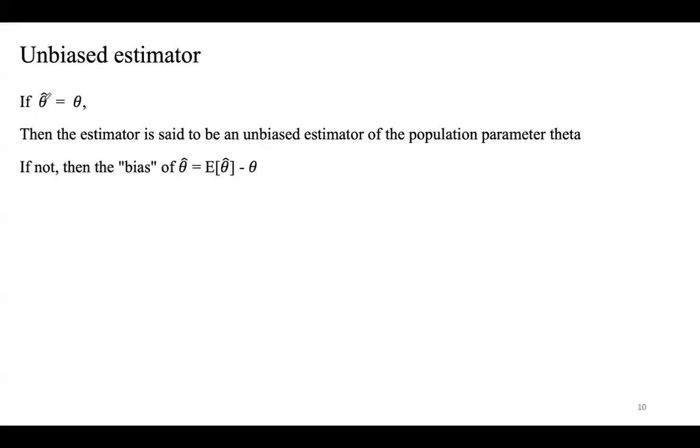This one's a very simple concept, right? You had an original value theta. You estimated it to be theta hat. If they are different, then you would say it's biased. Bias means differences, or it's not correct, something like that. You would want it to be a correct estimation.